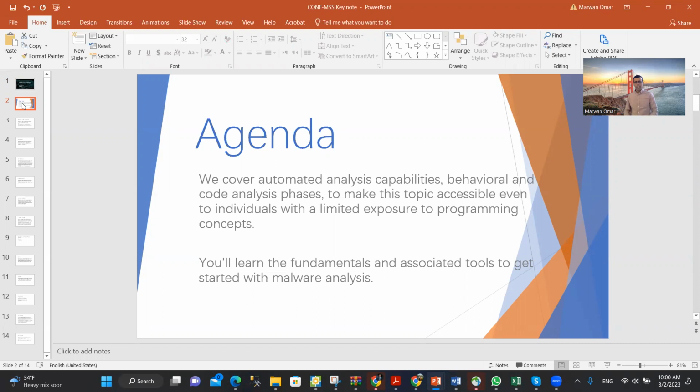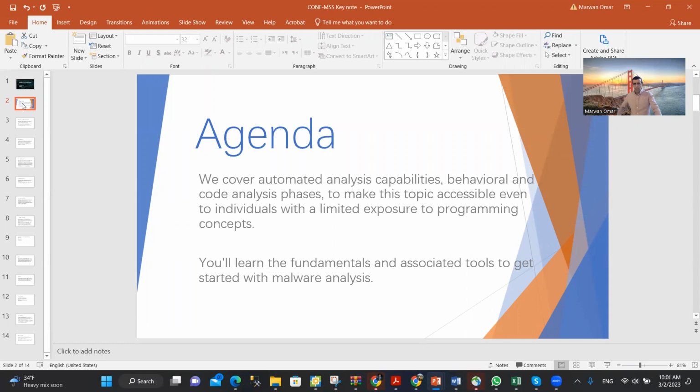How do we start the analysis of the malware? How do we know whether we should do automated analysis or behavioral analysis or even code level analysis? Because these are the three techniques that you can follow as guiding principles when we decide to handle malware.